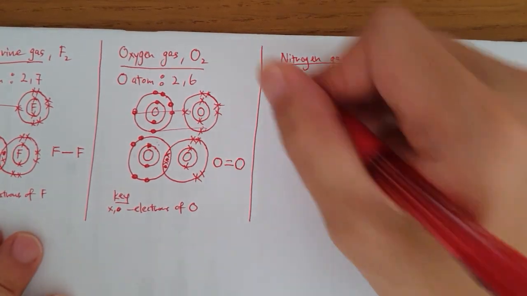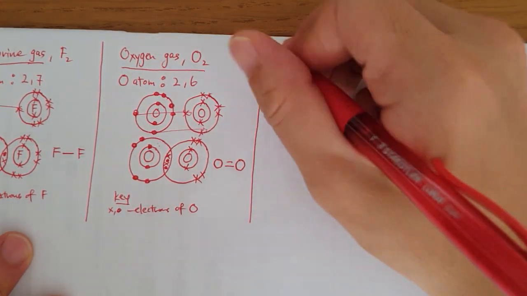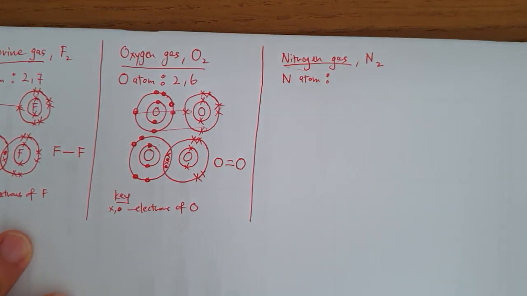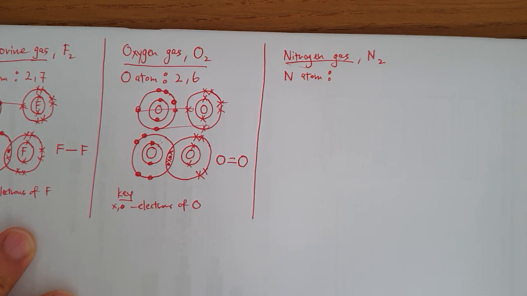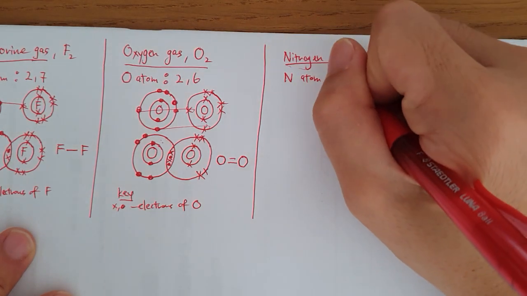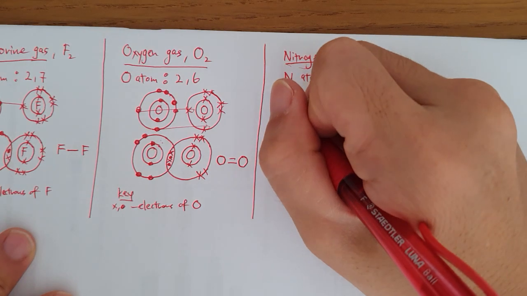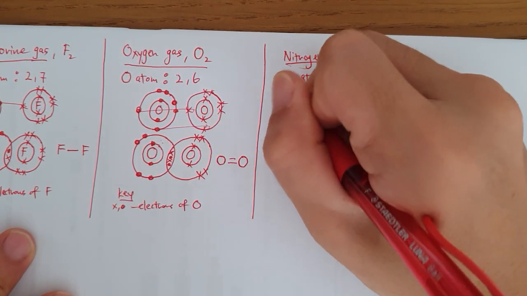So you do the same thing, go to the periodic table and look for nitrogen. You should be able to see that nitrogen has a proton number of 7. Therefore, it has 7 electrons, and the electronic configuration will be 2, 5. So each nitrogen atom will look something like this.